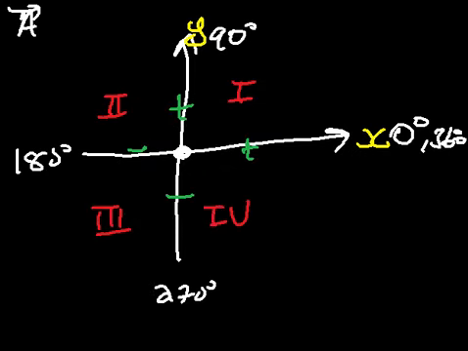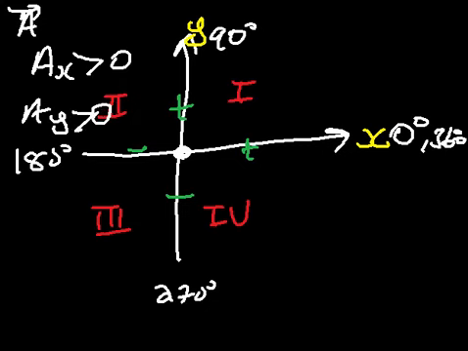So now let's say we have a vector A, and assume that vector A has the components ax greater than 0 and ay also greater than 0. If the x component of vector A is greater than 0, it means the component is positive.